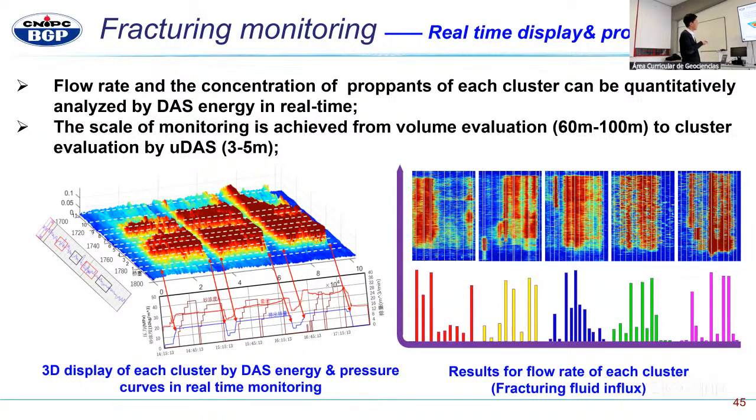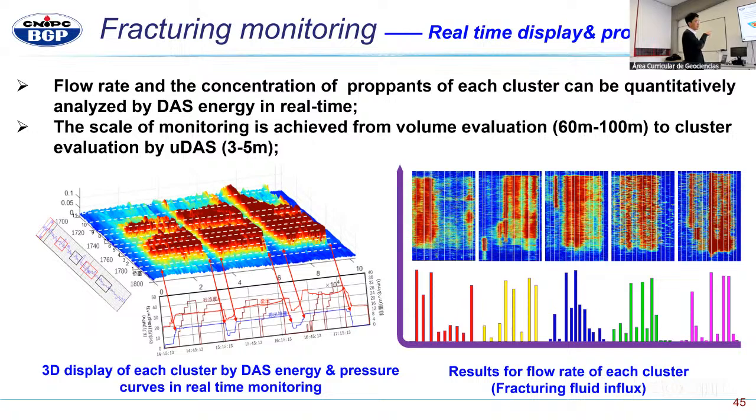So in doing this, we can use the dust noise energy to calculate the volume of the injection in each cluster, in each perforation. This is what we could not do before without dust. Before using the microseismic, we only had rough results of the fracture network.